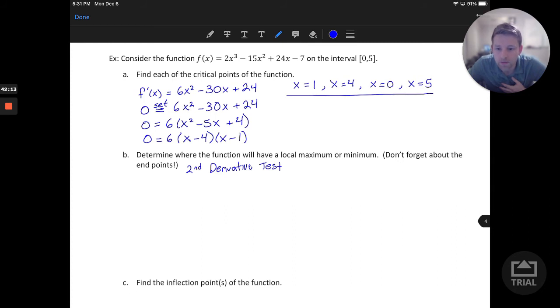If I consider the second derivative test, I need a second derivative, or f double prime of x. It's not a difficult derivative to take. We'd have this as 12x minus 30.